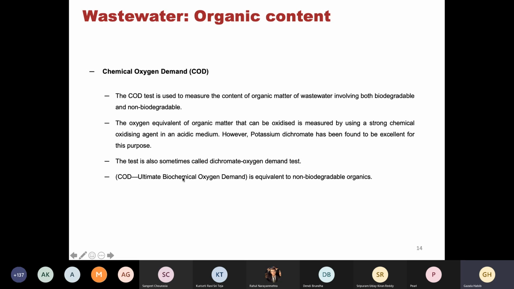COD is the organics which can be oxidized using the chemical. Ultimate BOD, the total biochemical oxygen demand, is equivalent to the organics which can be biodegraded without any addition of chemical, just using bacterial activity. So the difference of these two will give us the non-biodegradable organics. Is there any question?